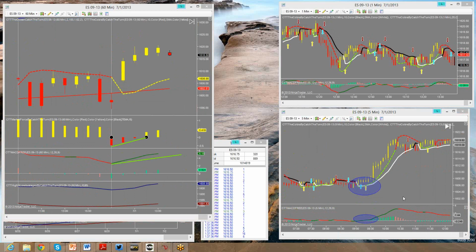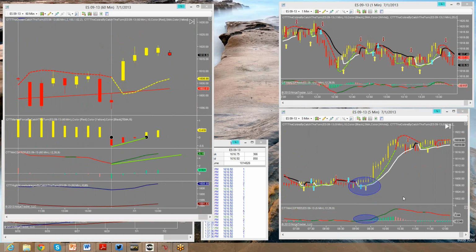However, here at the company, we don't sell you the indicators or lease you the indicators and say good luck. We'll help you set up the workspaces. We'll help you get the right settings for the markets that you trade. And you may be really good at trading bonds, for example. Maybe some of you trade the 10-year notes. I trade occasionally the bonds, but I don't trade it often because I can only follow 1 or 2 markets at a time. So when I'm focused on the ES, I may look at the 6E or crude oil, and that's about all I'm looking at.